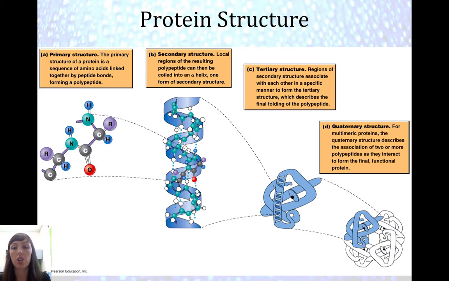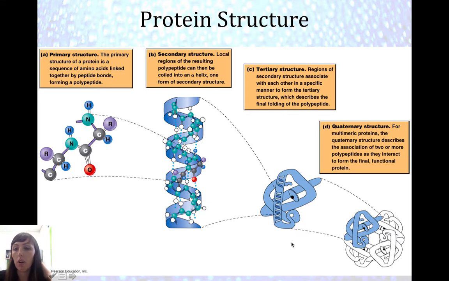For the tertiary structure, regions of secondary structure associate with each other in a specific manner, which describes the final folding of the polypeptide. In this really good picture, here are the coils of the secondary structure, and this coil is bending on itself and wrapping around itself.